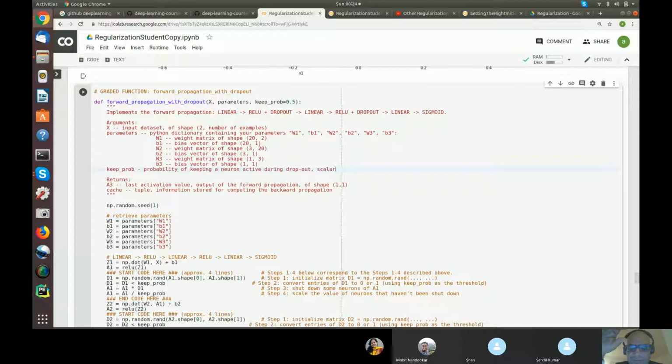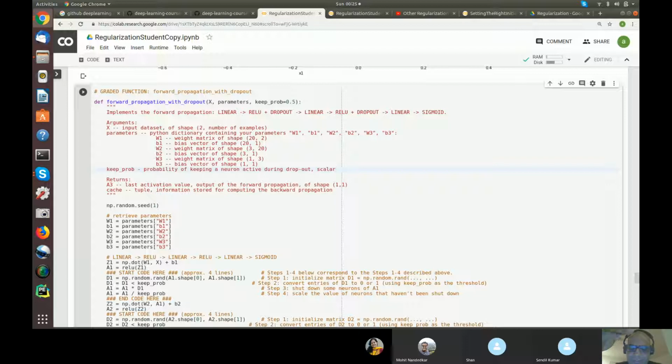In case of dropout, the key parameter is the keep probability, or the probability that you would want to keep a certain neuron. So let's say you have 100 neurons in your architecture, and your keep probability is 0.5, then in each iteration of forward and backward, you will have 50 neurons.